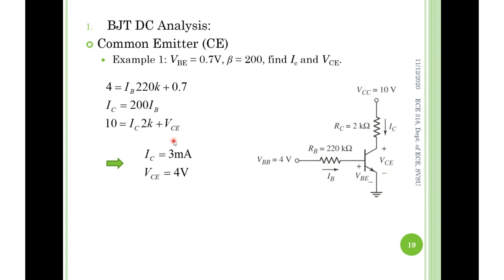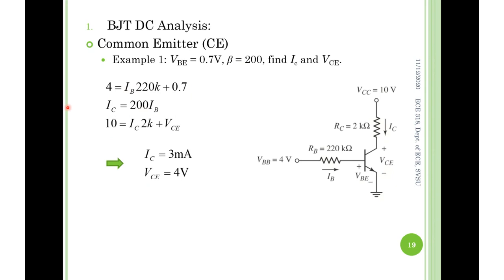IC turned out to be 3 milliampere, and VCE equals 4 volts.